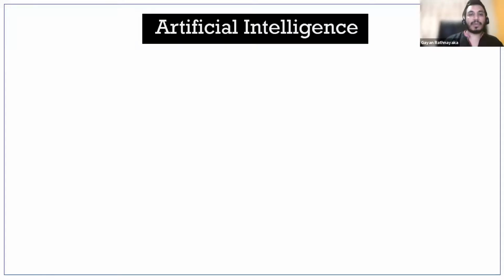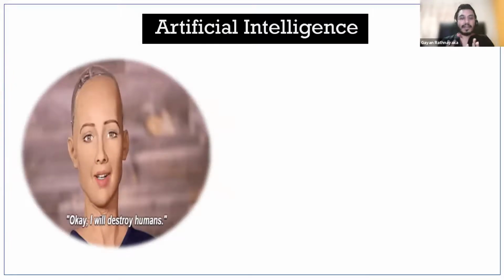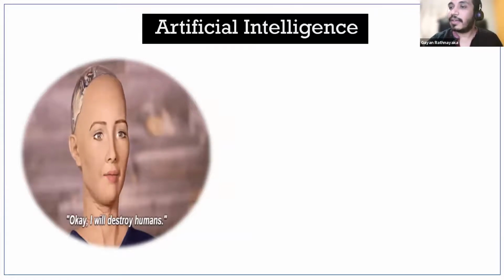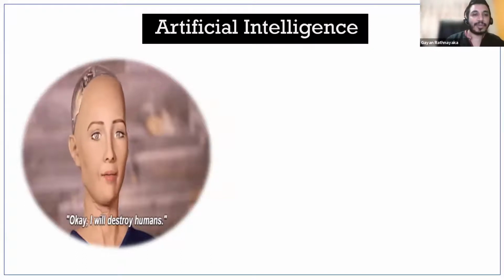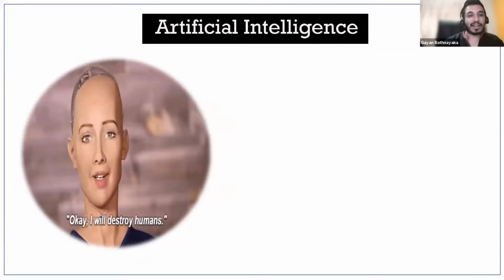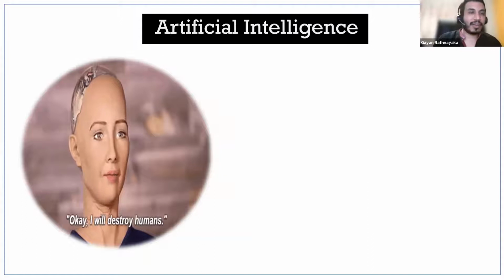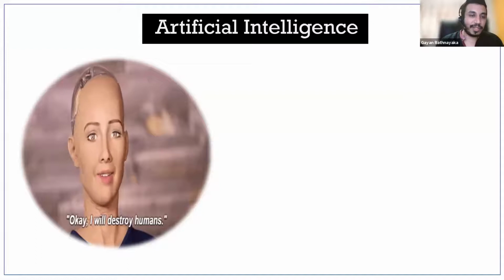When someone says artificial intelligence, the idea you get in your head is some robot that will come and destroy mankind in the future, right? Because that's what we see in movies. You might have seen Age of Ultron. Ultron is an advanced AI who tried to destroy the universe.